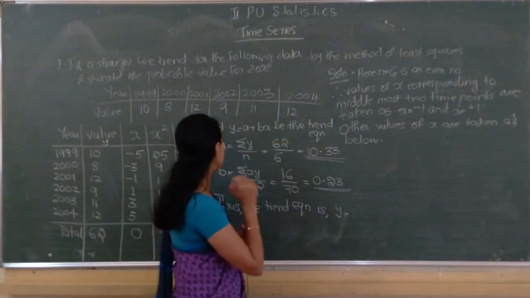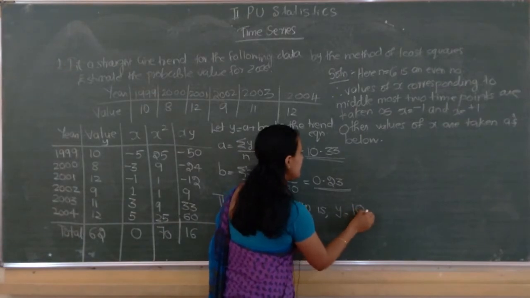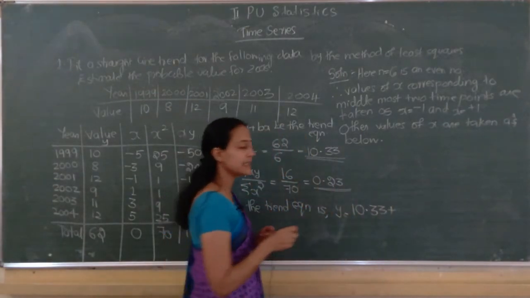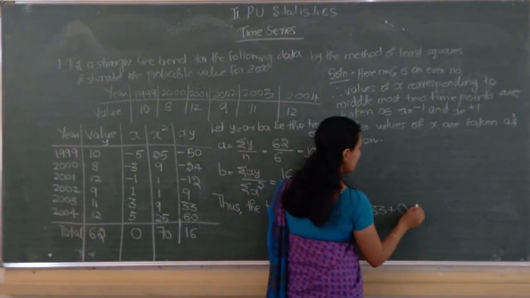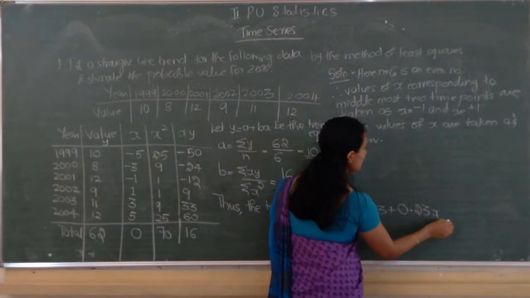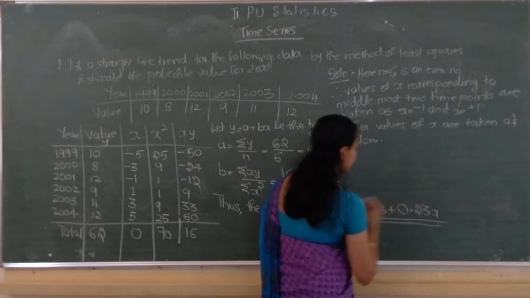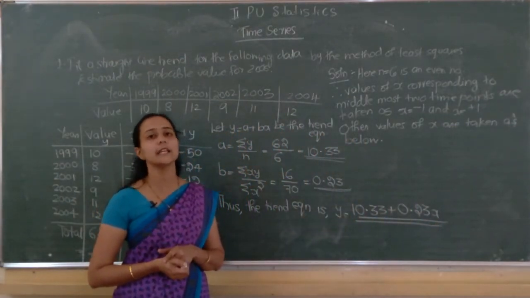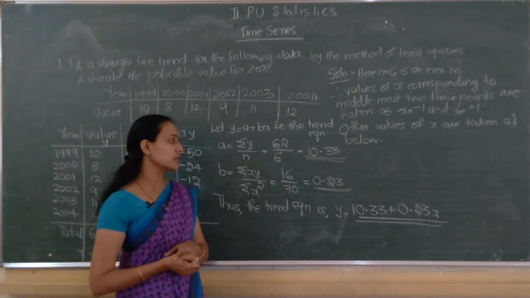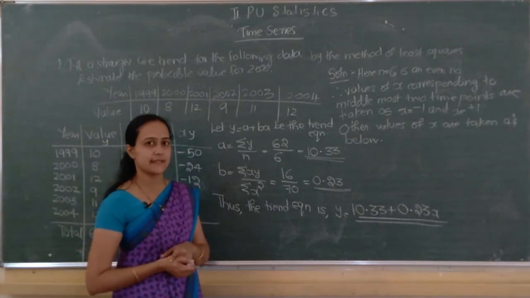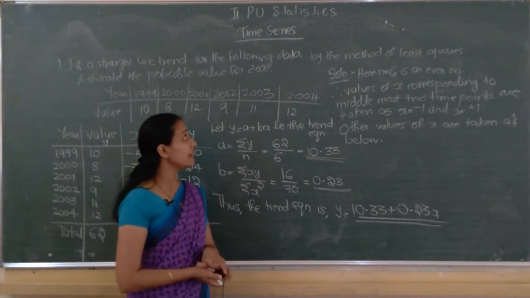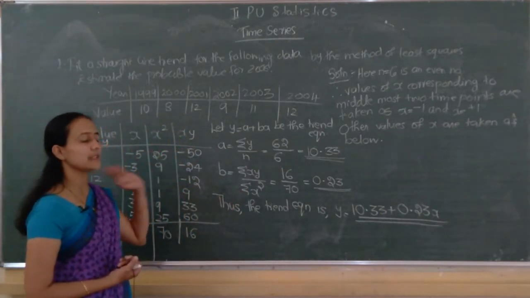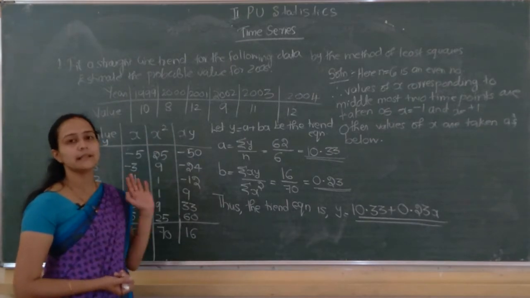So a is 10.33 plus b is 0.23, 0.23 into x. Clear? y equal to 10.33 plus 0.23x. This much is over. So our first question, fit a straight line trend to the following data by the method of least squares, that part is over.